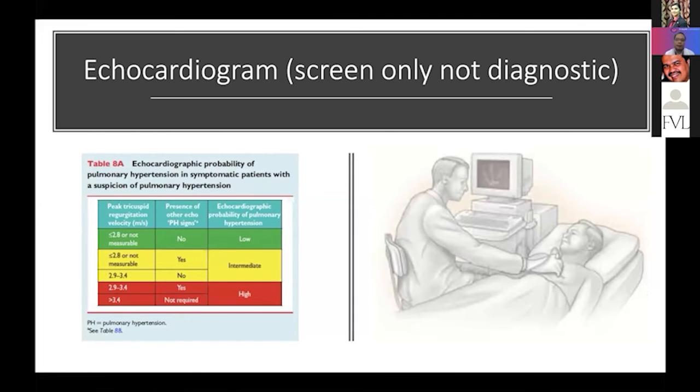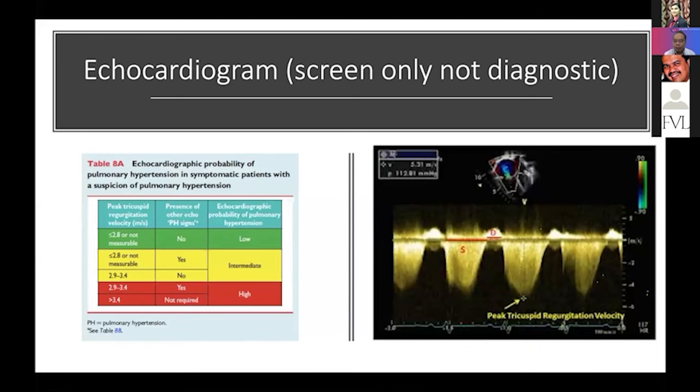So what does the European Society of Cardiology say with regards to pulmonary hypertension? When you do the echocardiogram, you will see the tricuspid regurgitation, or the peak tricuspid regurgitation velocity by its Doppler value. So if the Doppler value is low, right, you have a low probability of pulmonary hypertension, so your patients are okay.